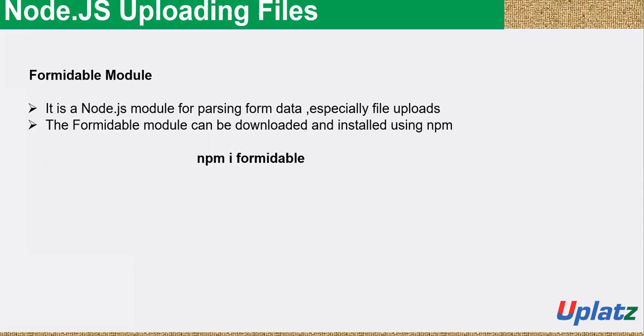To download the formidable module, we run npm install formidable. It installs the module on our machine, either locally or globally. Moreover, this module is open source. Anyone can install it and start handling form data and file uploads.